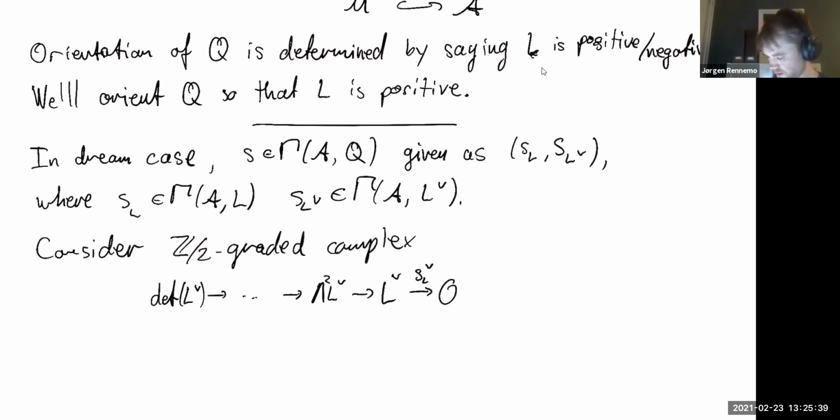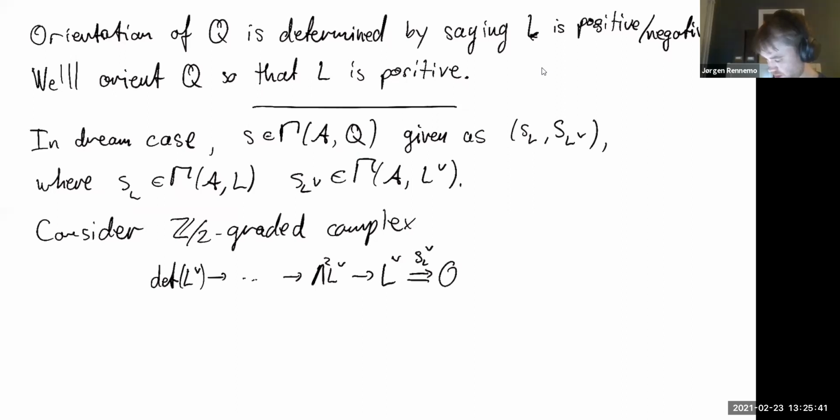Okay, that's something. Then I start adding arrows going the other way, using the other data in my isotropic section. So here I wedge with s_L dual.